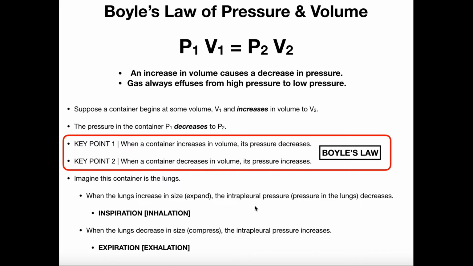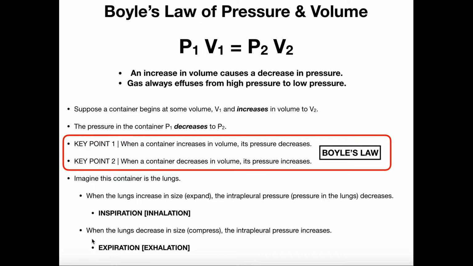That pressure inside the lungs we call the intrapleural pressure. That means the pressure inside the lungs. So when they expand, the pressure decreases inside the lungs. And this process, where the lungs increase in size, is what we normally call inhalation, but generally when we talk about the respiratory system, we actually call it inspiration.